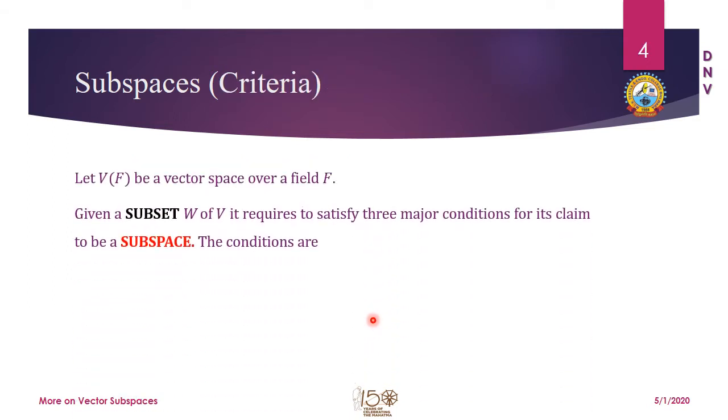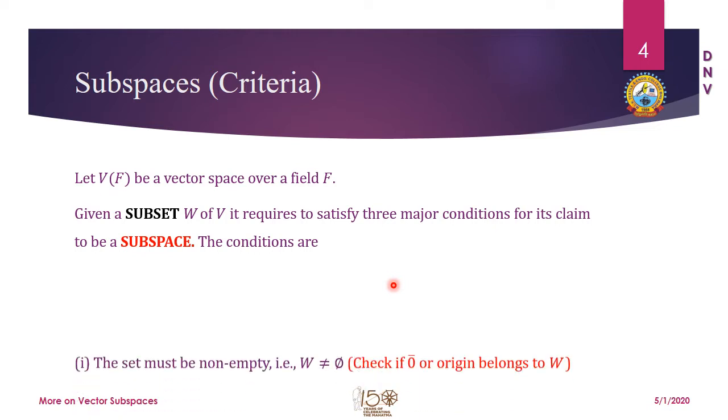Now we define the criteria for proving a subset to be a subspace. If V(F) is a vector space over the field F and W is a subset of V, then it requires to satisfy 3 major conditions for its claim to be a subspace. What are these conditions?